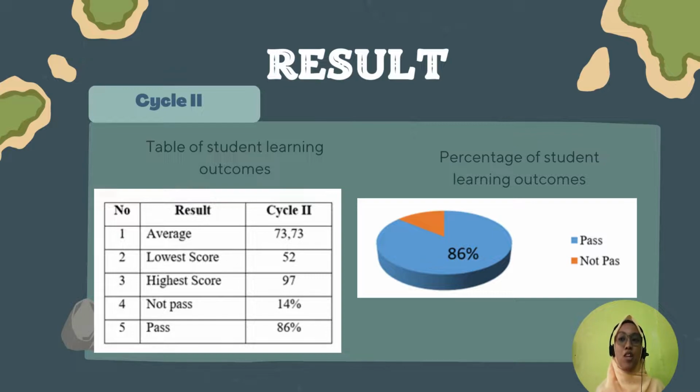Based on the table, it can be explained there are 86% or 18 of 21 students who have completed the learning, and 14% or 3 of 21 students have not completed their studies. The distribution scores range from the lowest score of 62 and the highest score of 97 with a class average of 73.73.